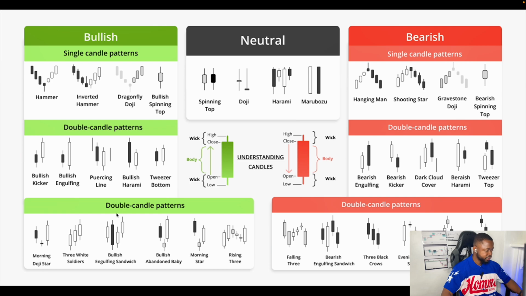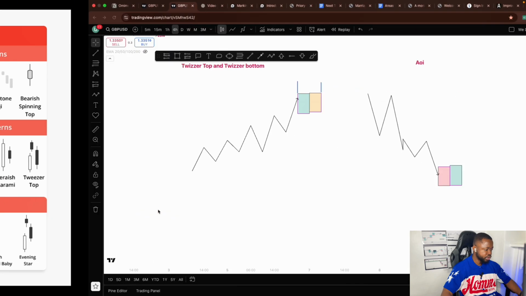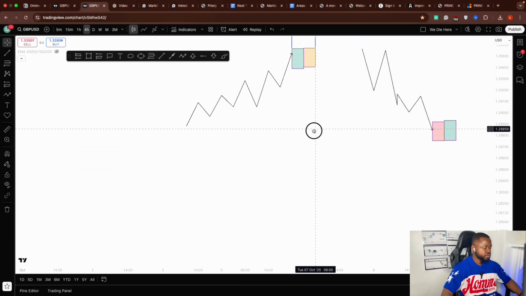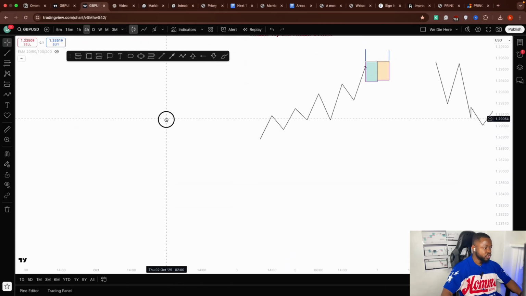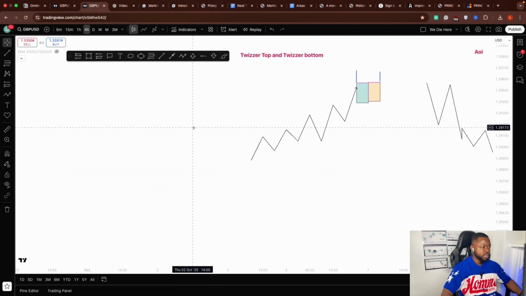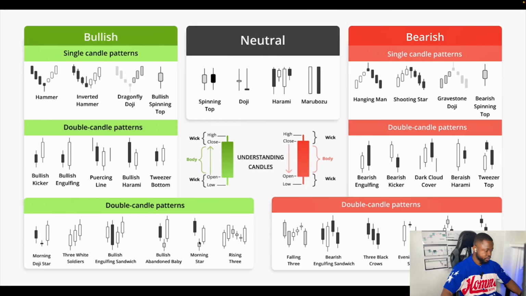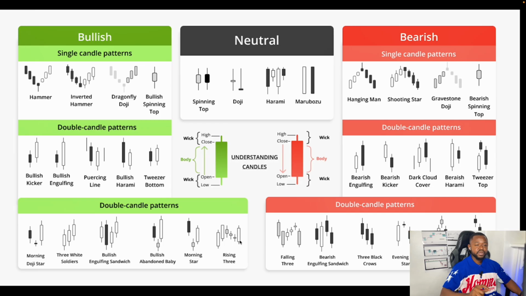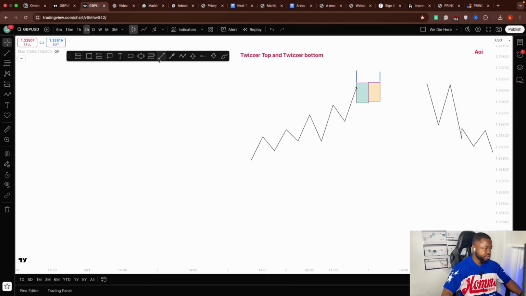Now let's start doing the main candlestick formations, like the double candlestick formations. So these are some of my go-to candlestick formations. We call them the morning star and the evening star. So the morning star is basically when price is bearish.